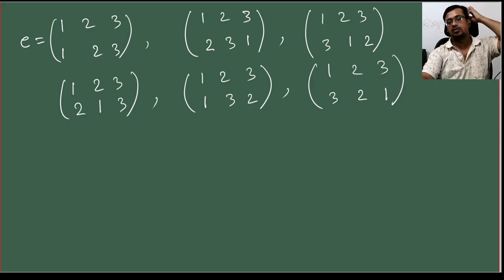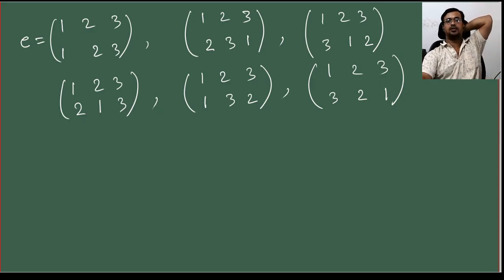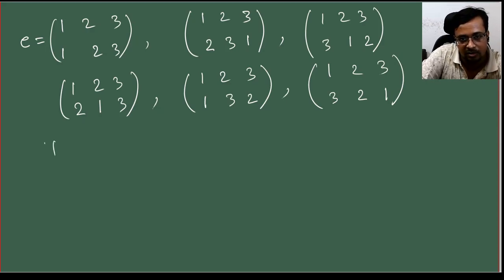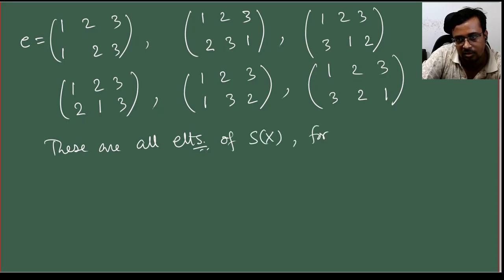So these are all the possible bijective maps you can get. So these are the elements of S_X, where X equals 1, 2, 3.